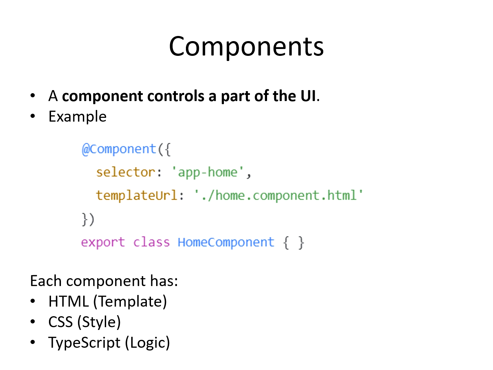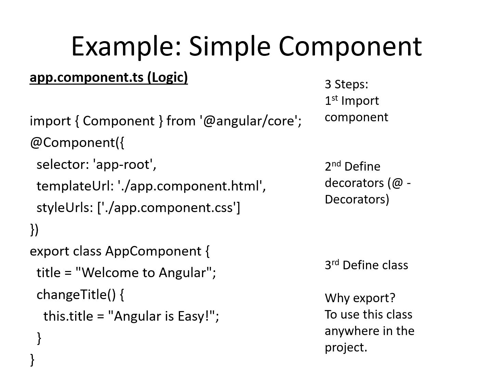It contains the selector, which indicates the component name, and templateUrl, which indicates the path for the user interface, that is the HTML file. And this is a simple component example program where you can see three major steps: import the component, define the decorator, and define the class.